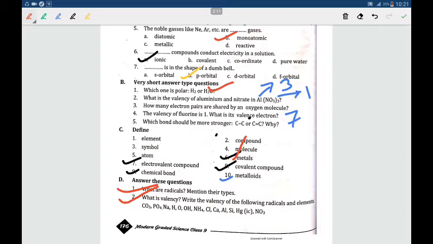Let me repeat again: the combining capacity of an element with the other element or radical to form a molecule or a compound is valency. That's the definition.